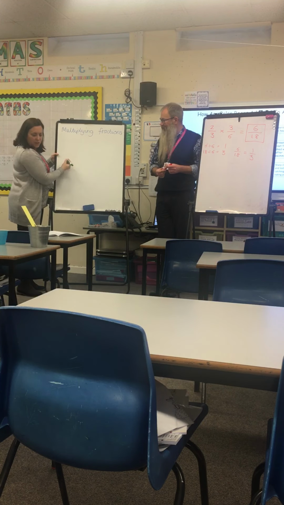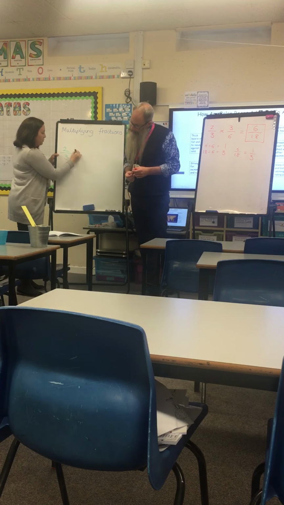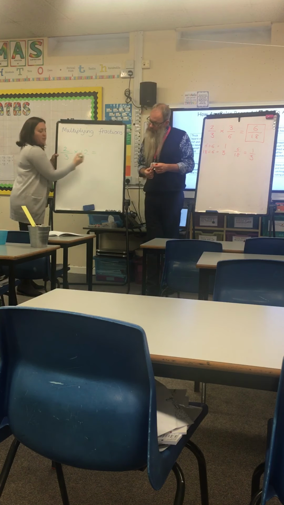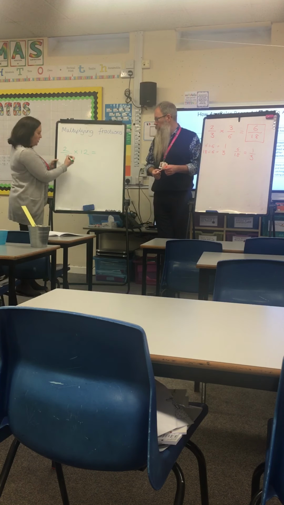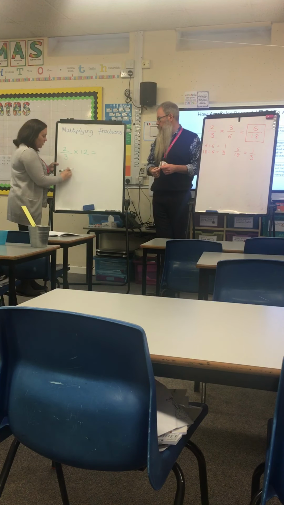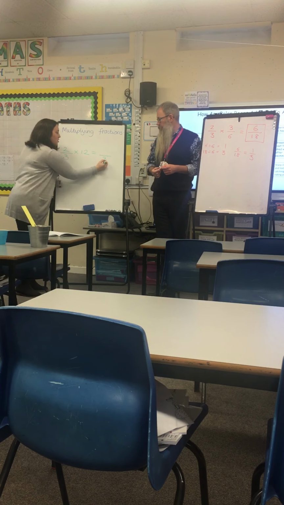And if I give you a question that is in your book, if we have 2/3 multiplied by 12. So this is a question that's in the year 5 book. 2/3, so I've got 12 of them, so I'm not going to write this out 12 times, but I'm going to think, how many thirds do I have?